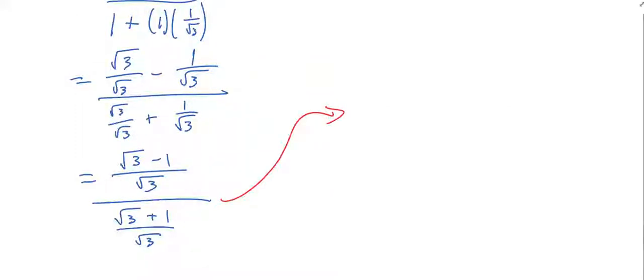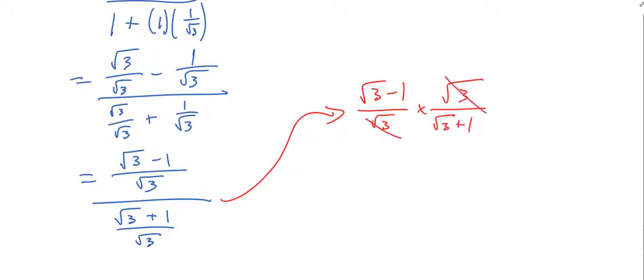What would it look like? It would look like this. Root 3 minus 1 over root 3. You can do it if you want. So I'm dividing fractions, so I flip and multiply, times root 3 over root 3 plus 1. And these guys cancel, right? But once you've done this a bunch of times, you're like, okay, I know they're going to cancel because they're both in the denominator, right?